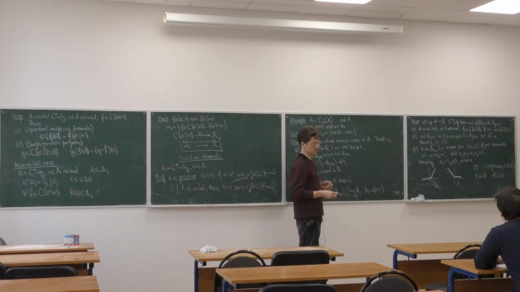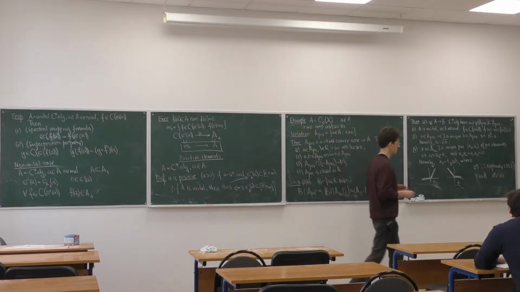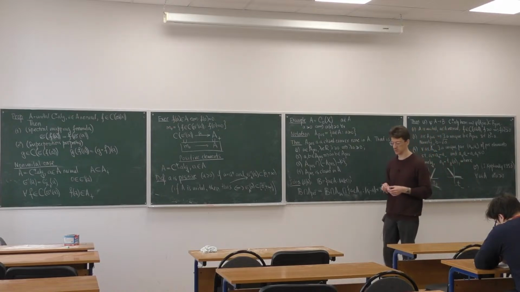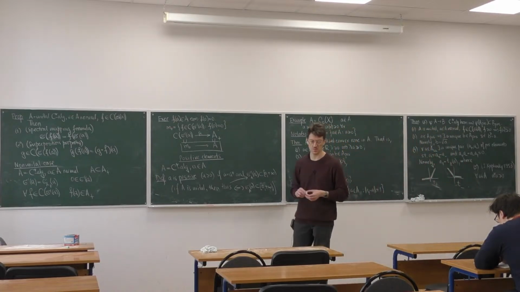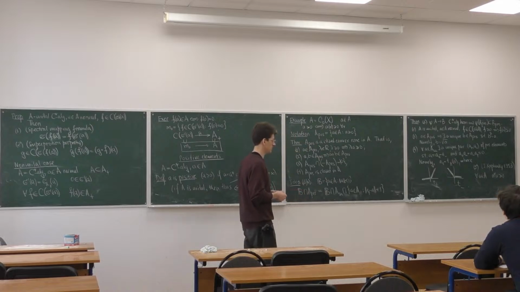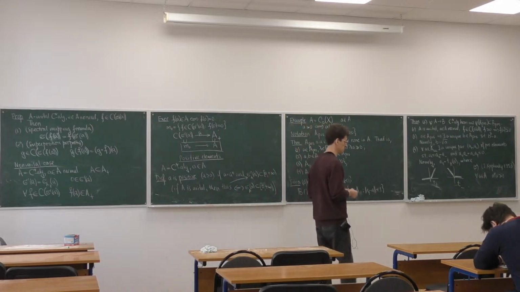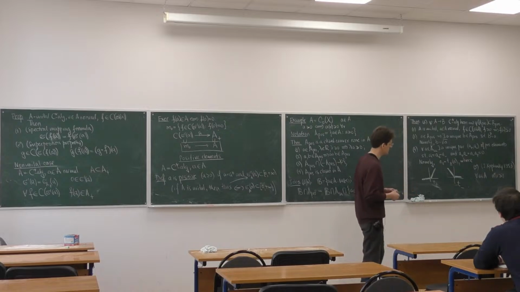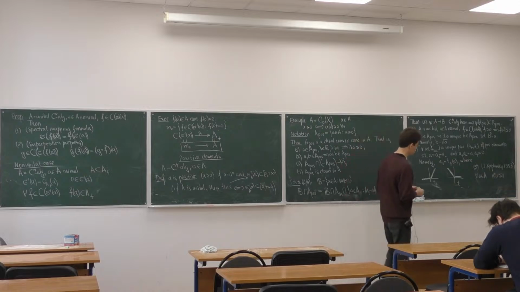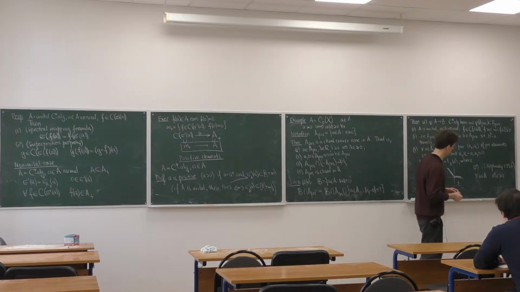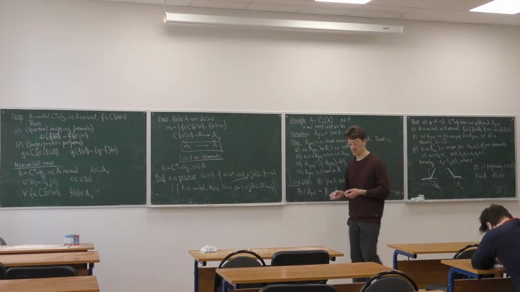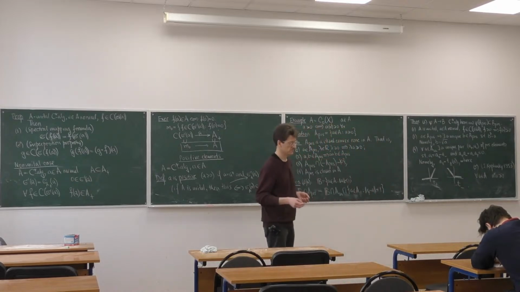Why is it important? Historically this was not a theorem, but an axiom. This was a part of the definition of a C-star algebra in the original paper by Gelfand and Naimark. They also conjectured that probably this axiom follows from other axioms of a C-star algebra, but they were unable to prove it.